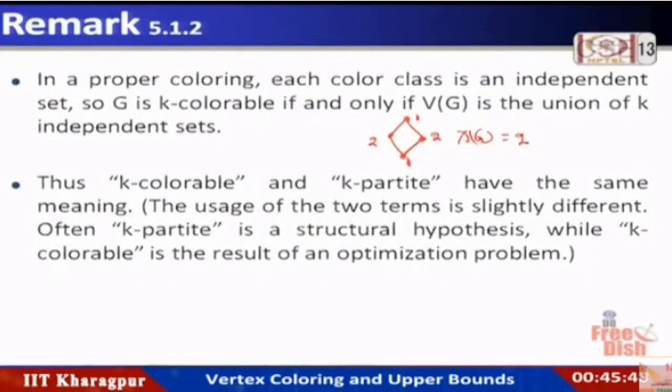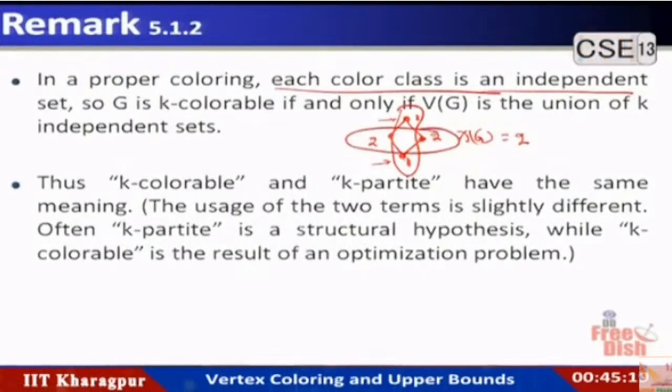So we can partition the vertices into color classes. All the vertices having the same color form an independent set. Why? Because they don't have any edge. If they had an edge, or were adjacent, they could not receive the same color. Hence each color class represents an independent set. So this graph has 2 independent sets, because its chromatic number is 2.